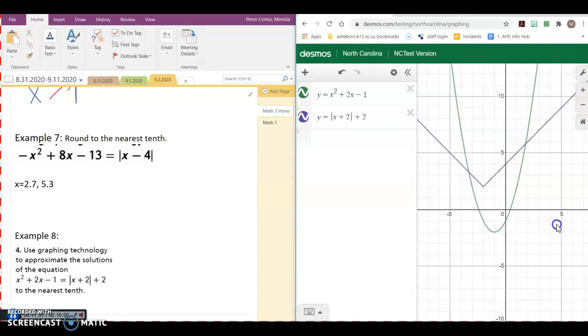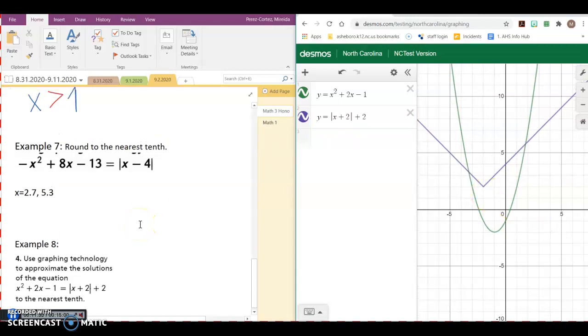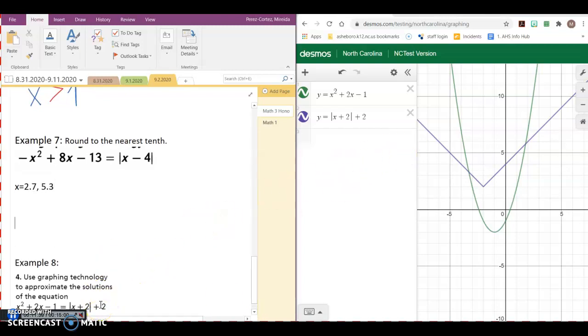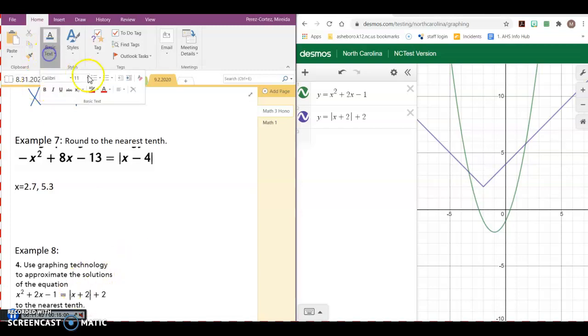Right, so I put in both equations, and it says, using graphing technology, approximate the solutions to the equations. Again, the solutions are just the x values. So down here, I'm going to type that. X equals, and let's see what the solution is.